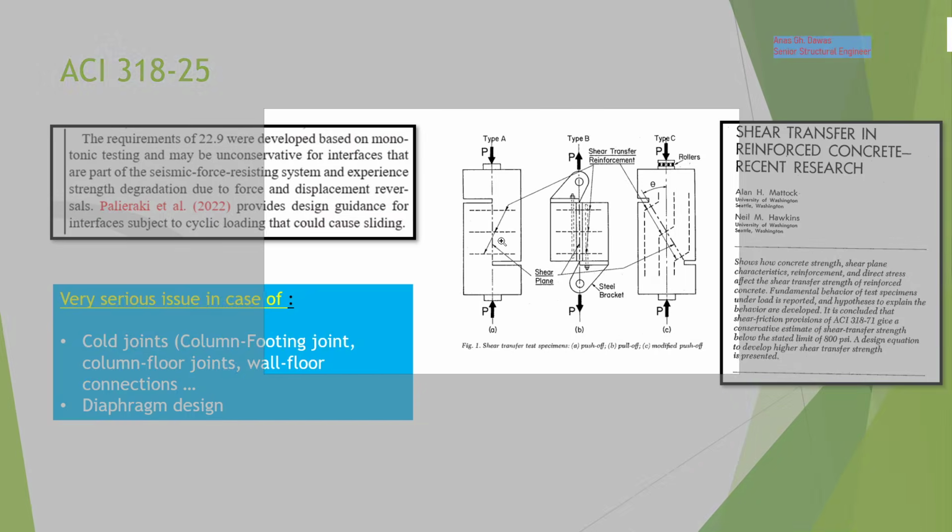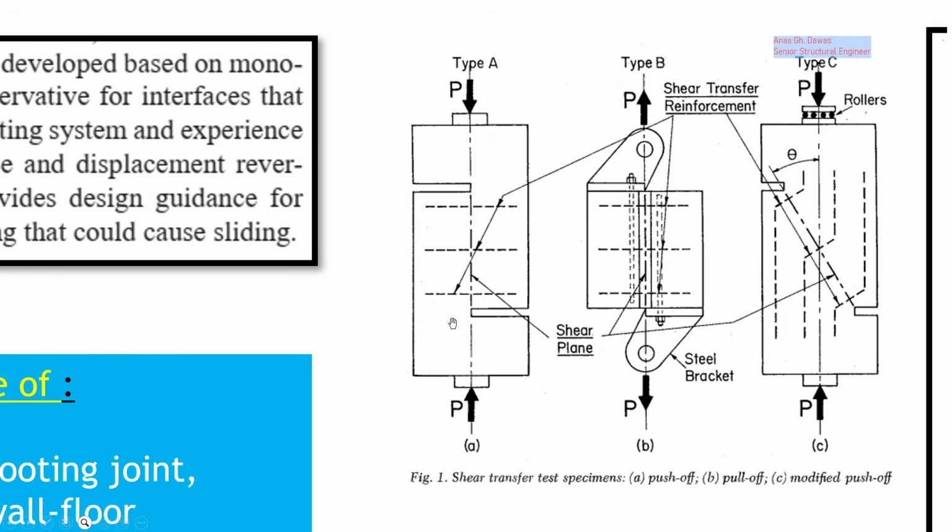I will show you this sample. Here we have a load, here we have a load, and here, as you can see, we have some kind of gap. When we apply loads at the two ends, the expected failure will be along this line. If slip occurs, those bars will be subjected to a high tension force. This mechanism is called the shear friction mechanism.